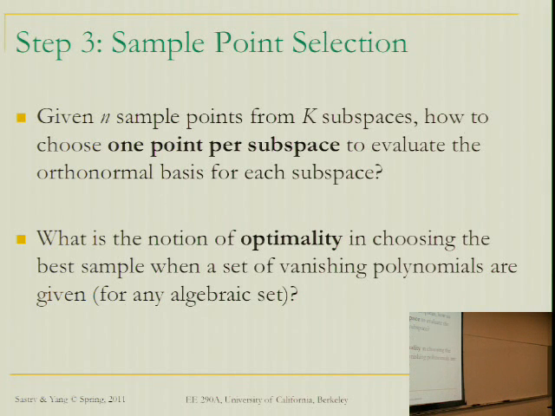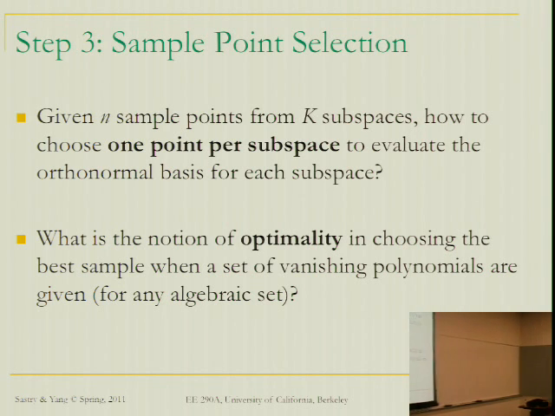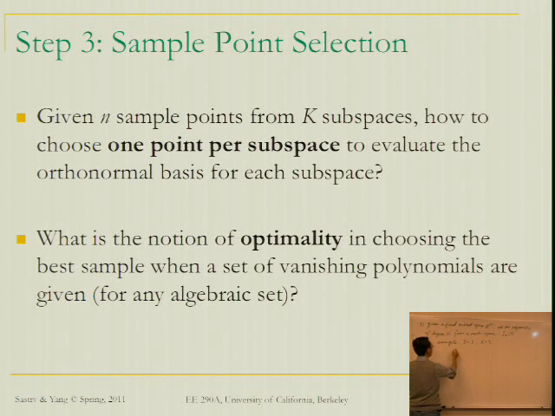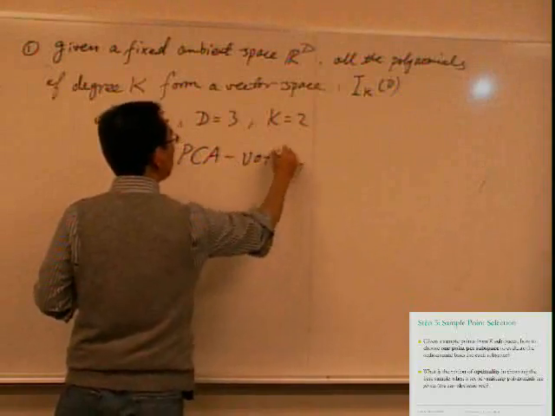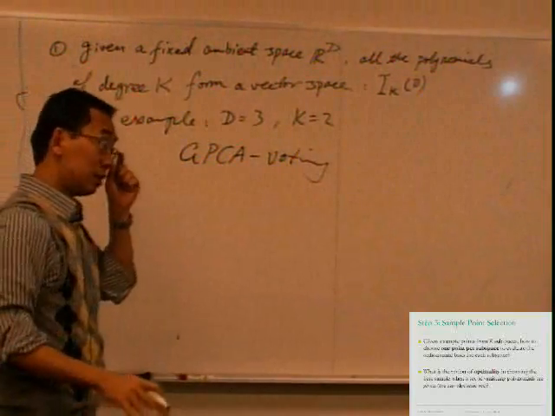We have an exact version for that on the GPCA website. If you go to the GPCA website, that's exactly the strategy we use. But it's a little messy, so we didn't mention it in the book, or probably only later in the book. It's called GPCA voting. That implements exactly the idea that you have.